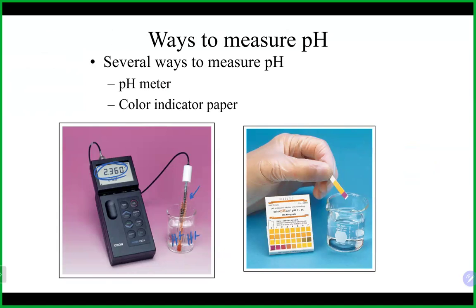The way it really works is you give it solutions with a pH of typically 4, 7, and 10, and you calibrate the pH meter. It records the voltage for a pH 4 solution, the voltage for a pH 7, and the voltage for a pH of 10, and it makes a calibration curve. So when you put your solution in, it goes, okay, it's got this voltage, that's a pH of 6 point something, and it does a little calculation.